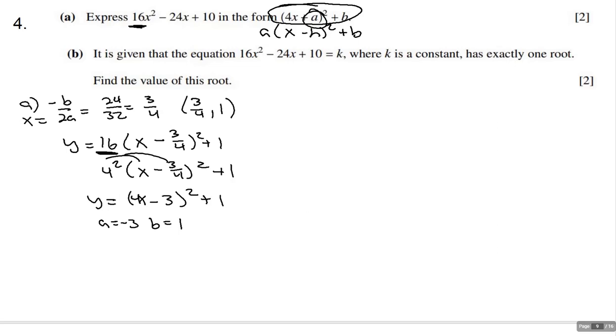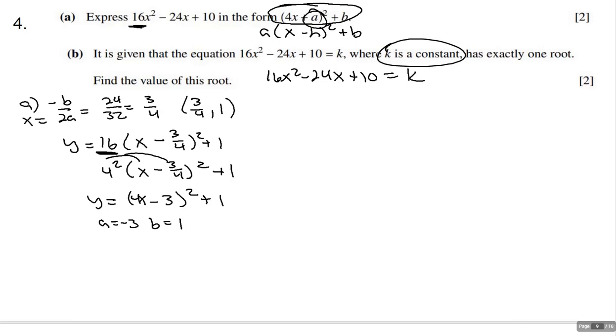Rewrite it as its number squared, and then distribute it. Okay, so in part B, it says that this equation, 16x squared minus 24x plus 10 equals some number, a constant, has exactly one root.